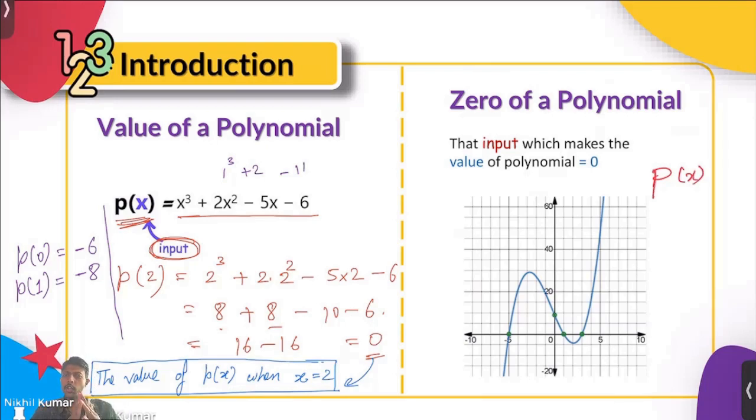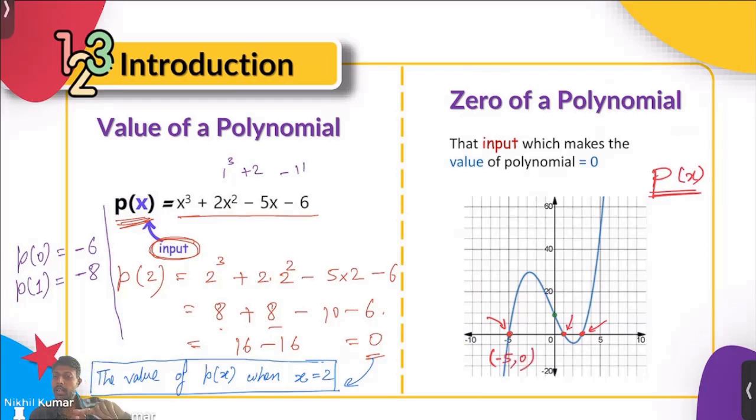What does the 0 of this polynomial look like on the graph paper? These are those points which cut the x-axis. These represent the zeros of the polynomial. How? The first point, the coordinate of that is minus 5 comma 0.